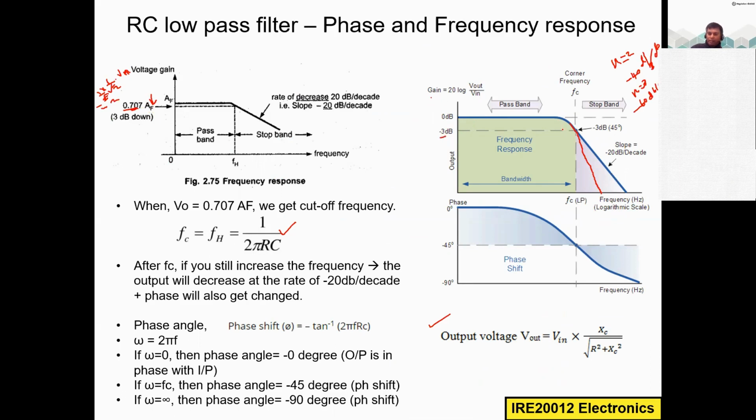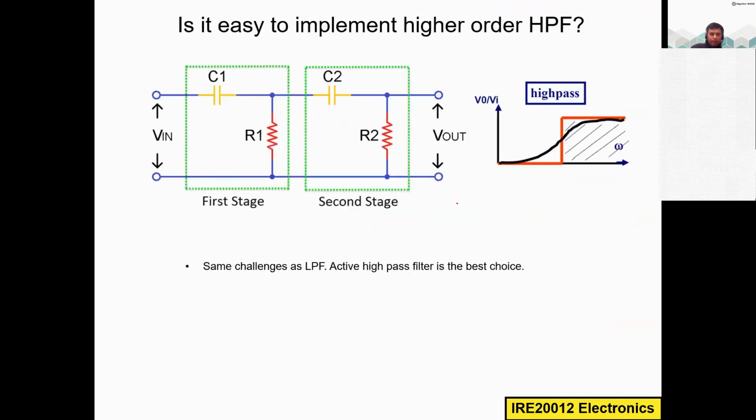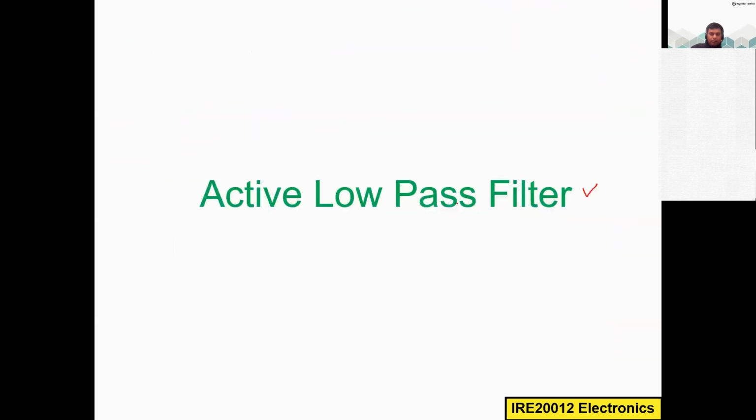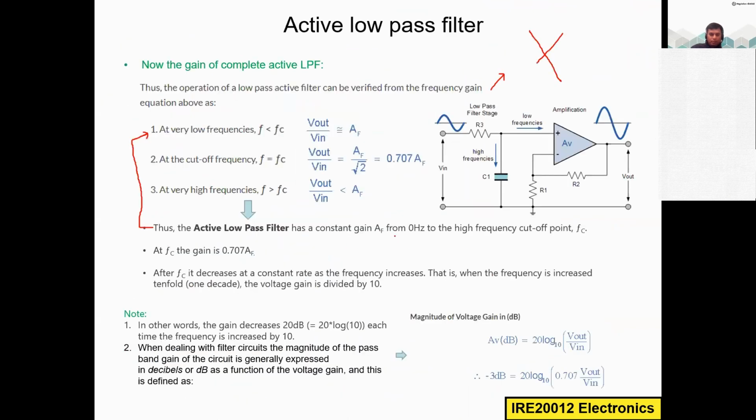So here we get this cutoff frequency, and whenever you apply the input signal, its frequency can be less than this FC value, or equal to the FC value, or greater than this FC value, this side. That is what you have to recall from the graph here.